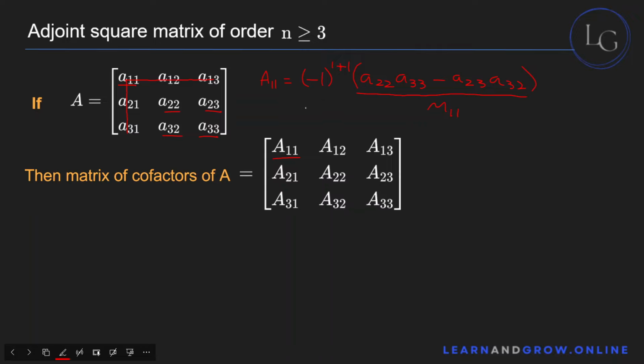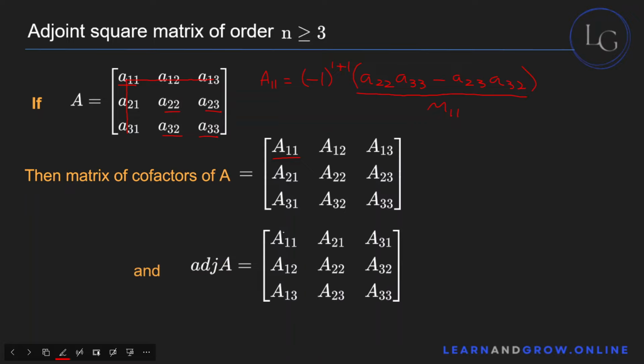And this is how you find the cofactor of A11. So you'll find the cofactor of each and every element in this matrix. And then you'll take its transpose. The transpose of this matrix here will become the adjoint of A.